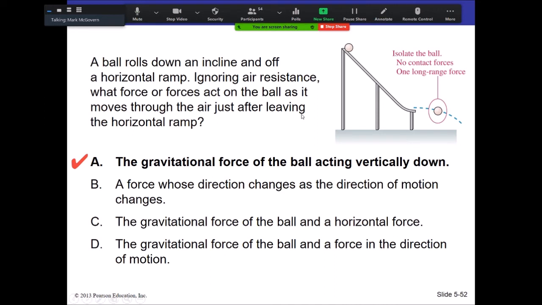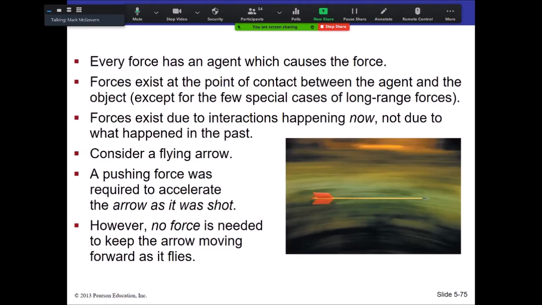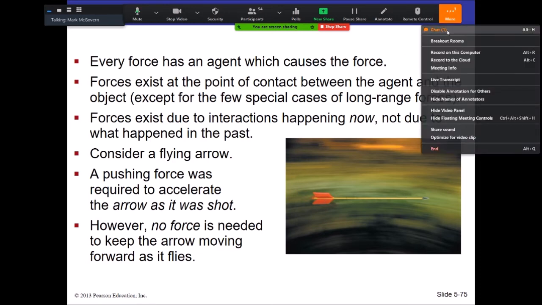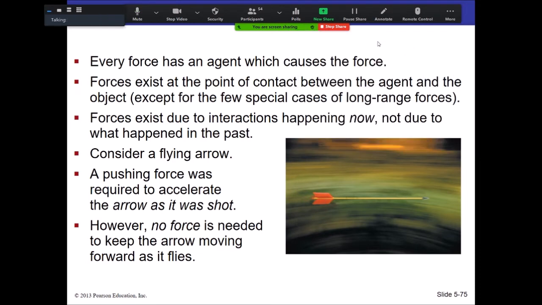Easy. All right. Look at this arrow. When this arrow is flying through the air, what force is exerted on the arrow? Gravity. If you want to say air resistance, if that's what's being dealt with in the problem, but generally not. That's it.